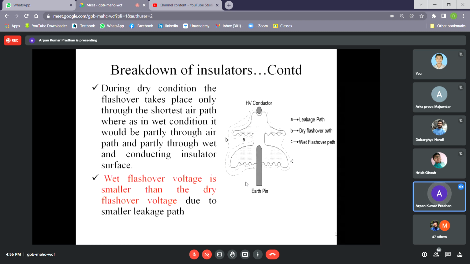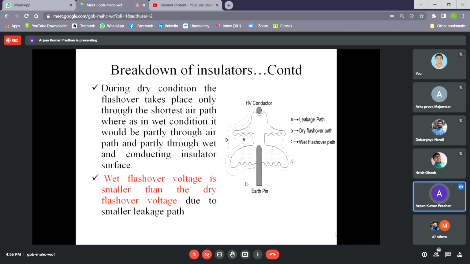Now while there is a transmission line, there is some voltage in the transmission line. Due to the voltage, a fraction of current will flow through the surface of the insulator during healthy condition.